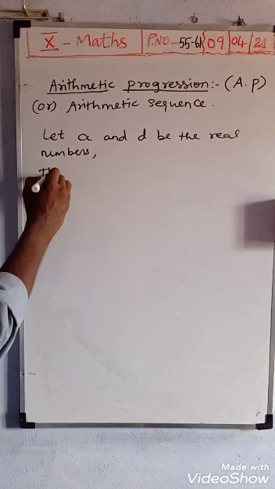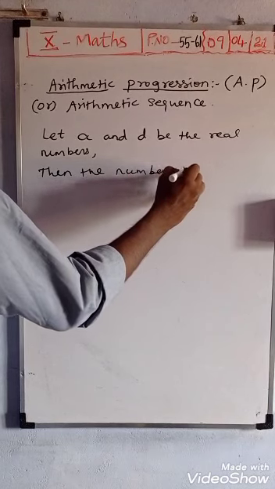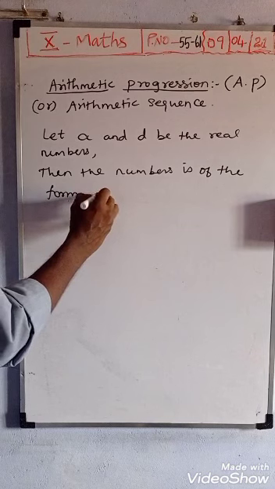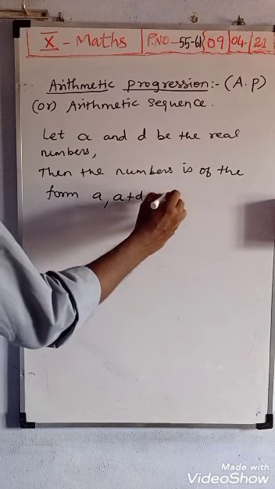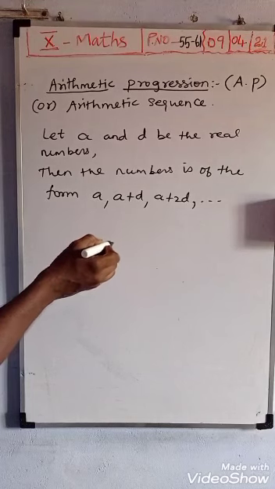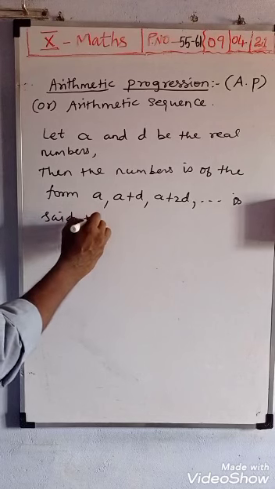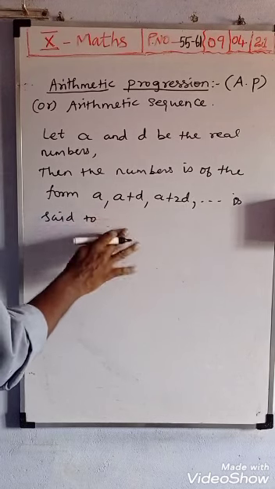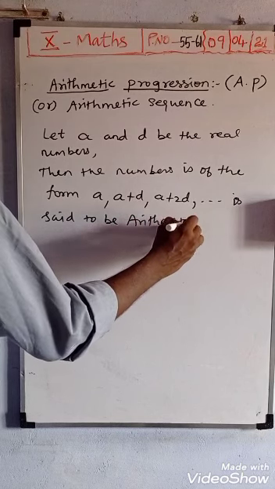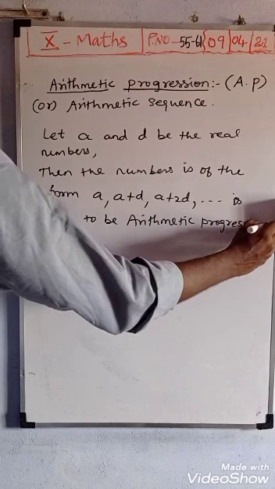Then the numbers of the form A, A plus D, A plus 2D, up to etc. Like that it will go on. This is said to be an arithmetic progression.